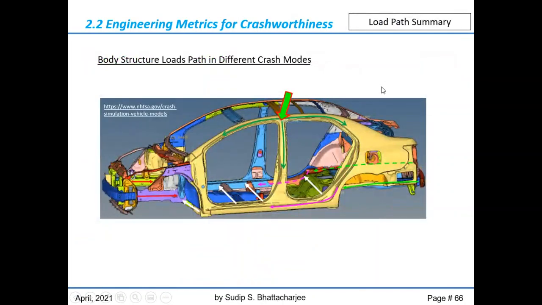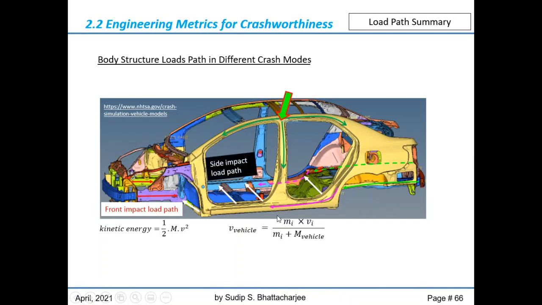All right. So in summary, if I am designing a body structure, we have to take care of the front impact. And the primary measurement metric for engineers is probably the kinetic energy, half m v squared. If I am looking at side impact, one impactor is coming and impacting the vehicle, and we are basically looking at the conservation of momentum with the impactor mass, and the big M is the vehicle mass.